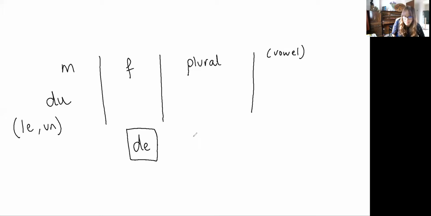And if you have a look at it, it actually makes sense because remember, for the definite article, we had le for masculine, la, and les. And then here, technically, it starts with de. So in the singular, we would have de, and then here de.